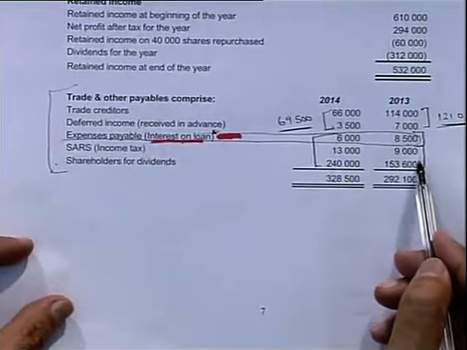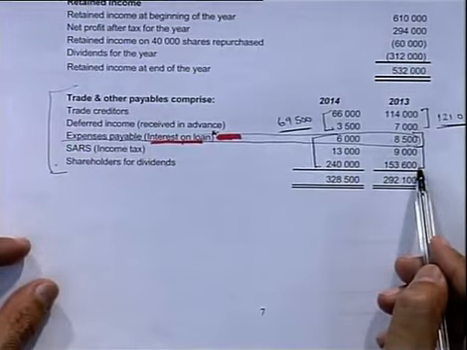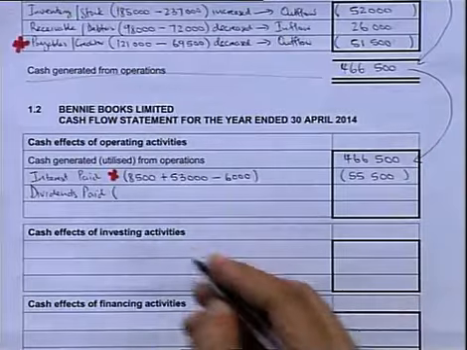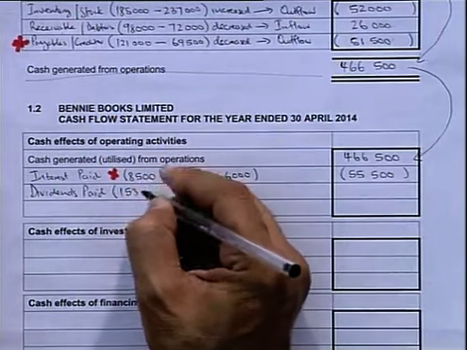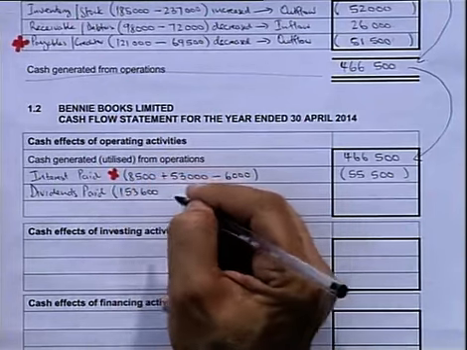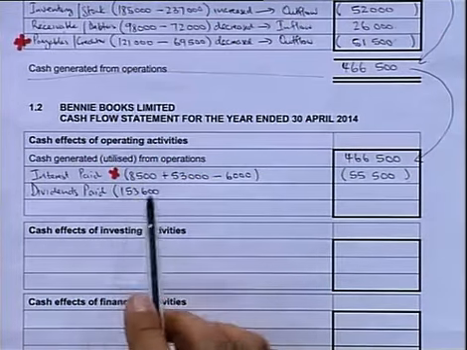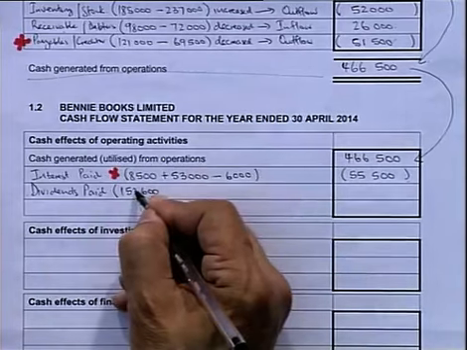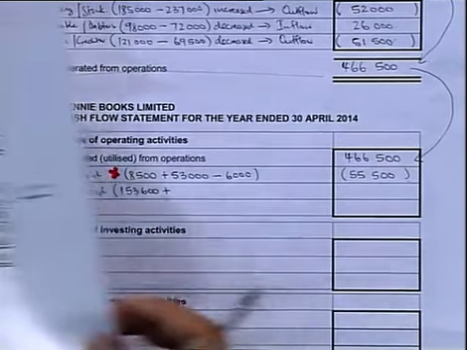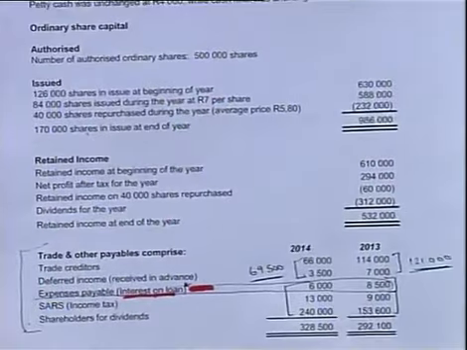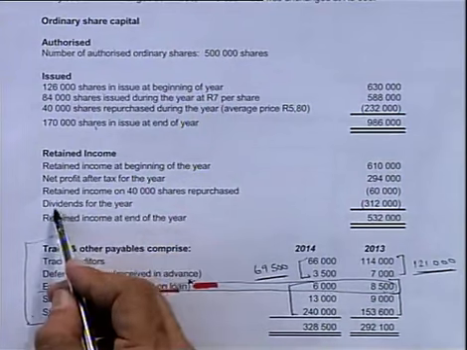So again, they're giving us a figure of last year. So we haven't paid that of last year. So my bracket will start with 153,600. That will be the balance of last year that I will have to pay this year, together with any dividend that was declared during this year. So there we have a dividend in the note for retained income.